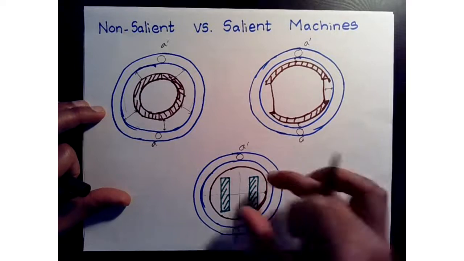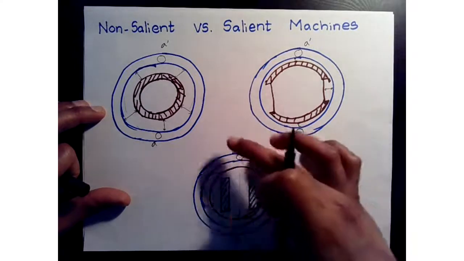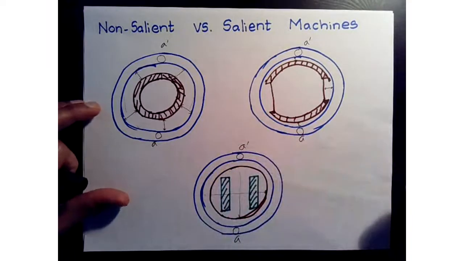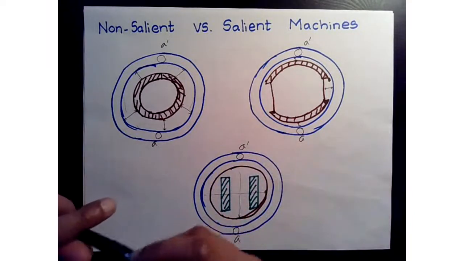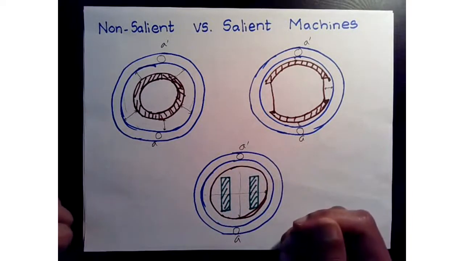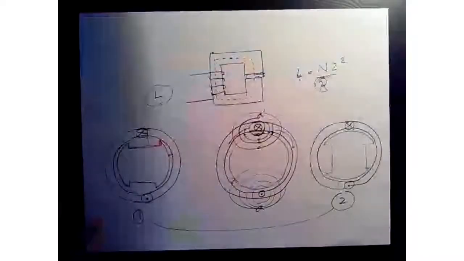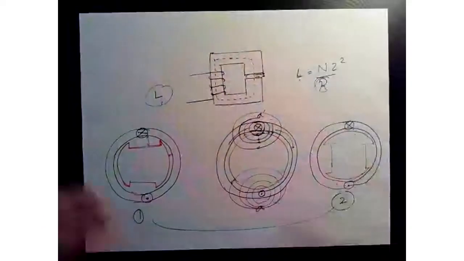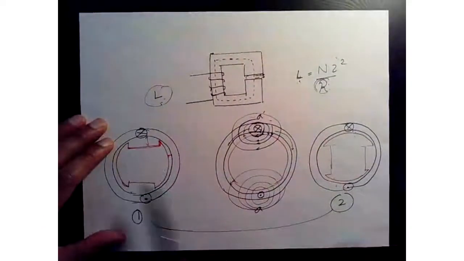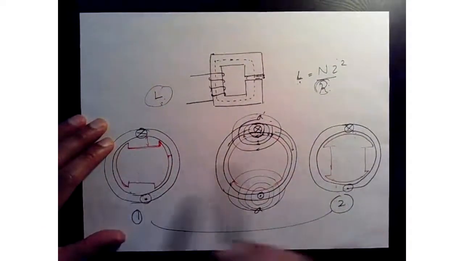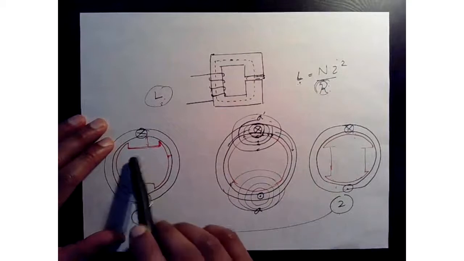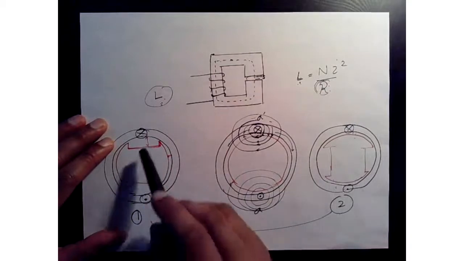So depending on the rotor orientation, the A A prime winding will see a difference of inductance. This is what we call saliency, a very important concept, trying to highlight how the rotation will influence the inductance.